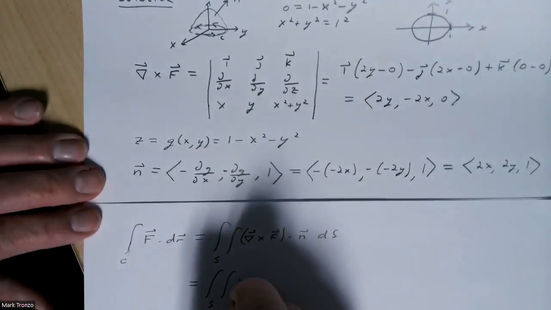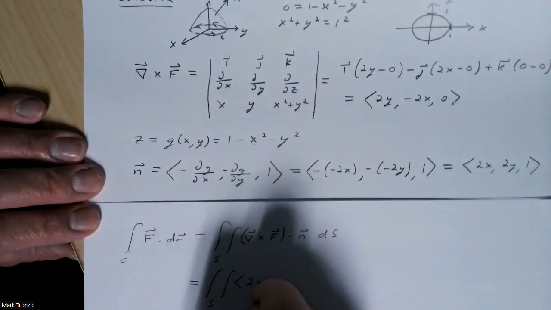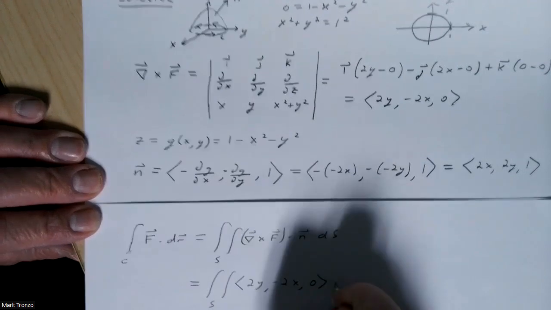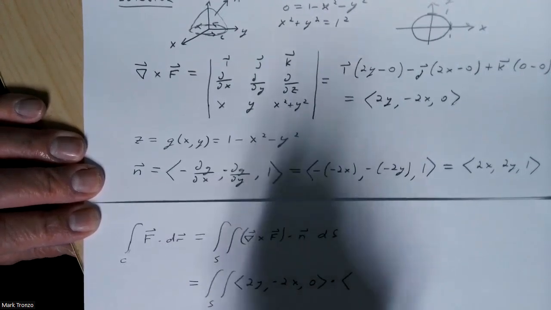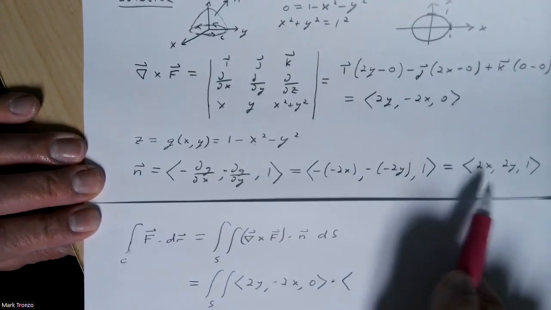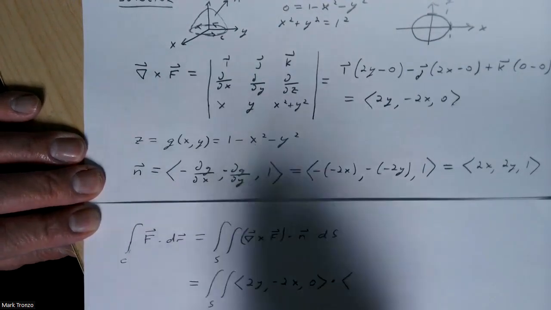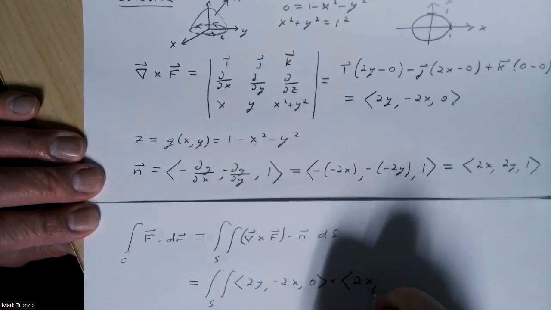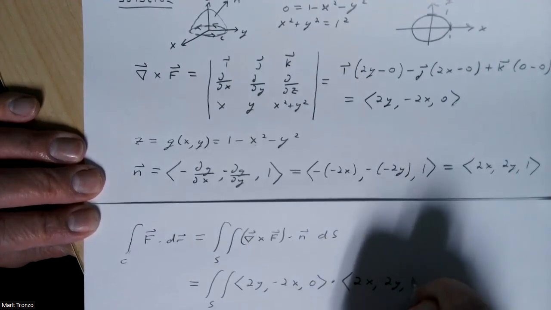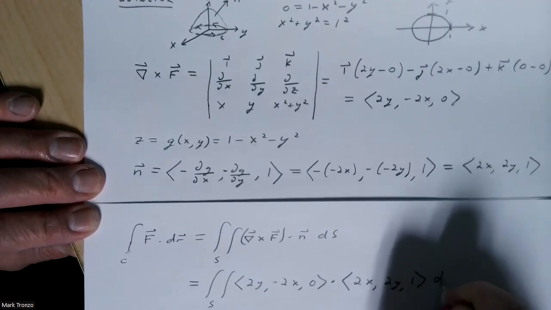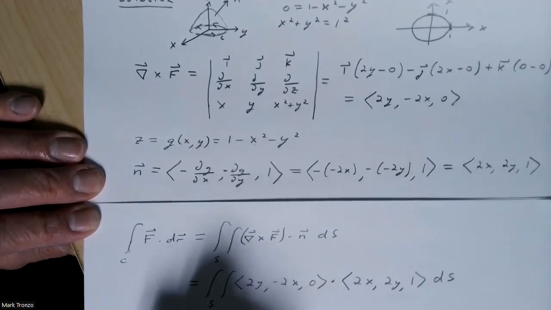Our curl was 2y, negative 2x, and 0, dotted with our normal over here, which is 2x, 2y, and 1, ds.